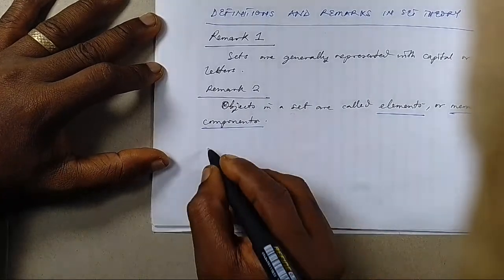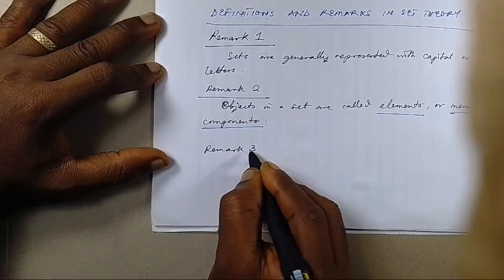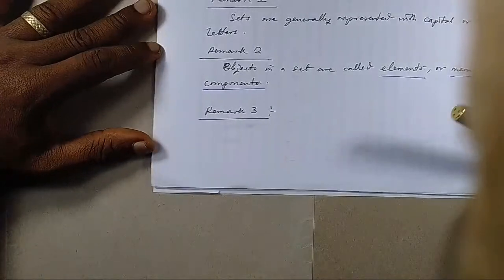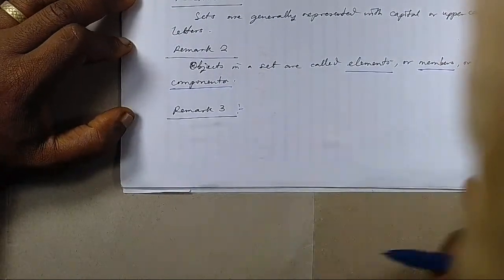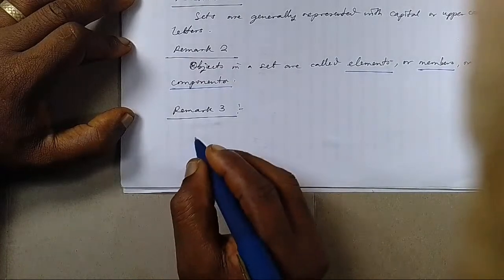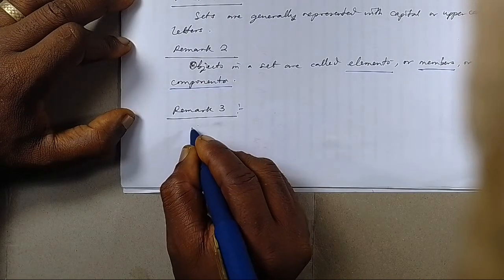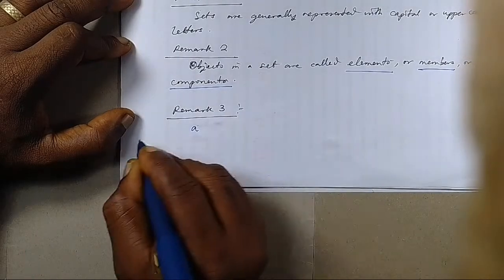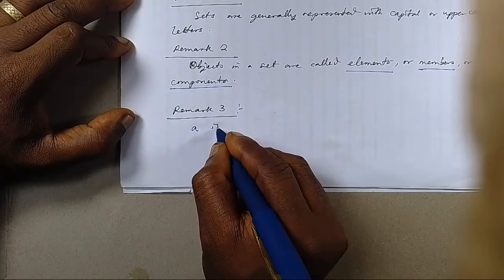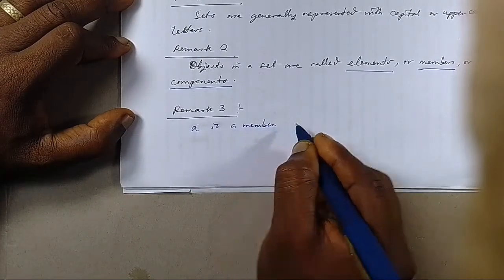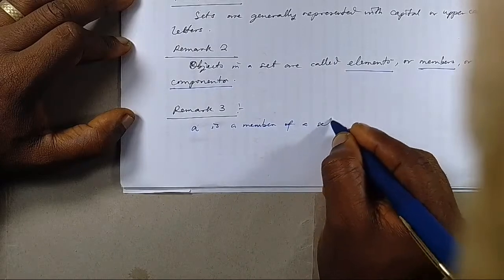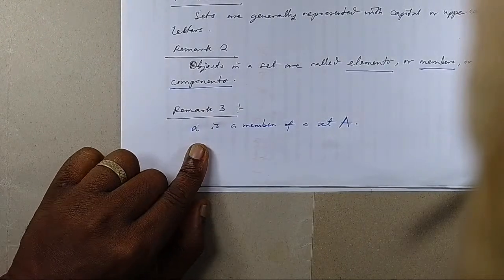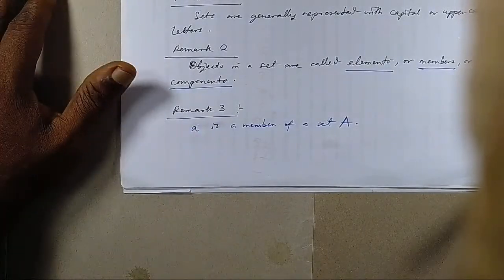Going to remark number 3, everybody. We had said this yesterday, but I'm going to emphasize it as a remark. Please take note, if I have an element a and I want to tell you that the element a is a member of a set A, for you to write this in set theory, we have a symbol for doing that.